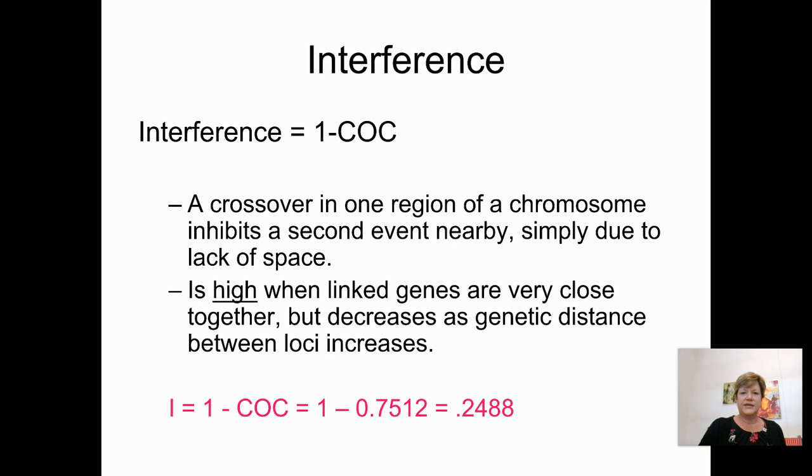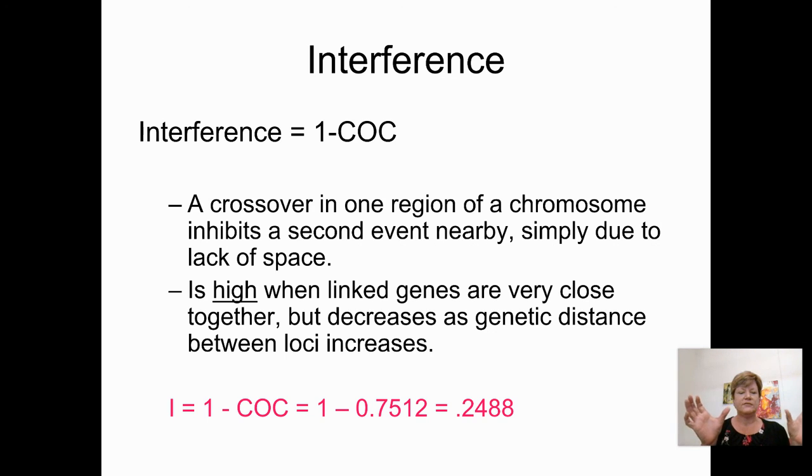And then the last bit is called interference. Interference is sort of the flip side of the coefficient of coincidence. You take the coefficient of coincidence and subtract it from 1. So if the coefficient of coincidence is 75.12%, then the interference level is 24.88%. And it's just a measure of the amount of double crossovers that were somehow interfered with or inhibited or repressed.